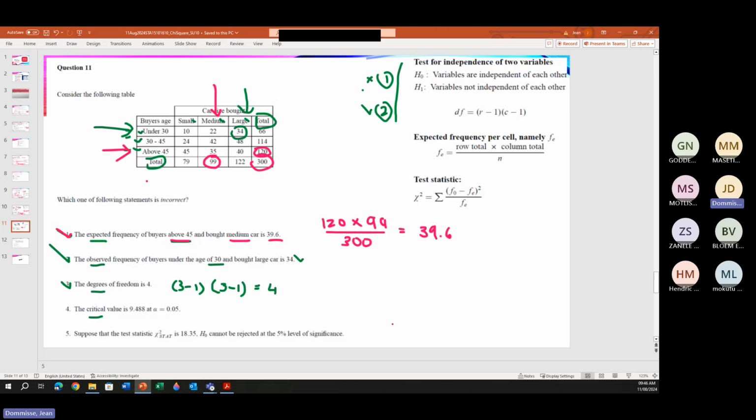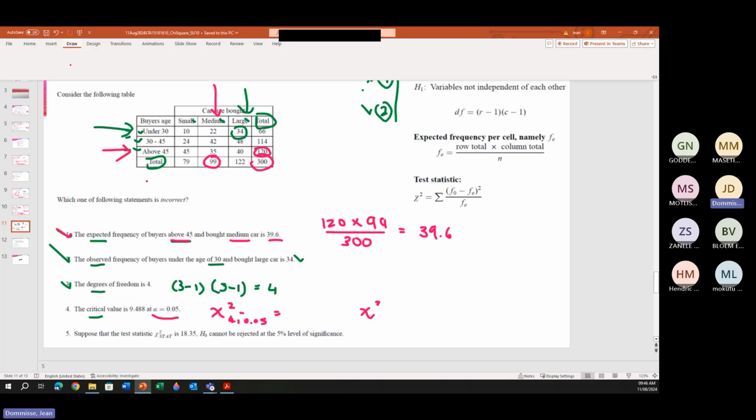Okay, so then critical value. There they gave us alpha. So let's look at critical value. Let's rather write it here. Degrees of freedom, we said, is 4. Critical value of 0.05.